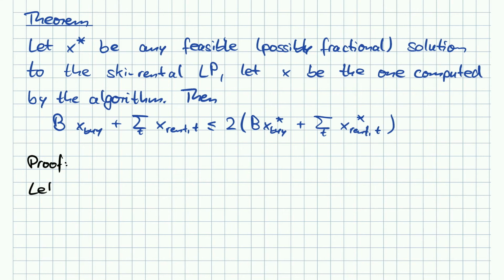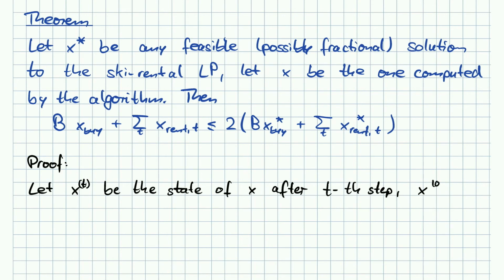If we let xt be the state of x after the tth step, and we also call x0 equal to 0, then what do we have?